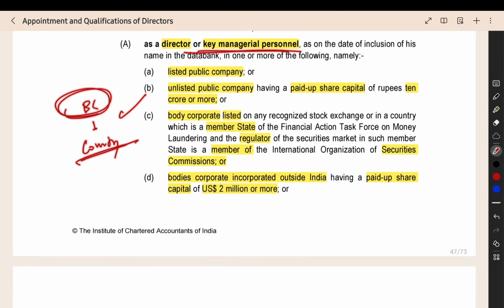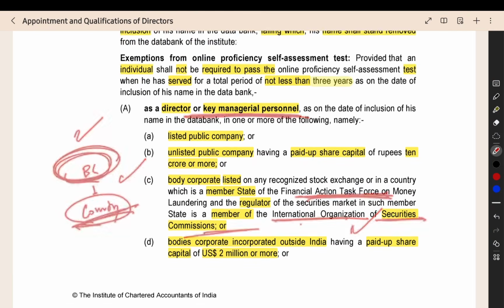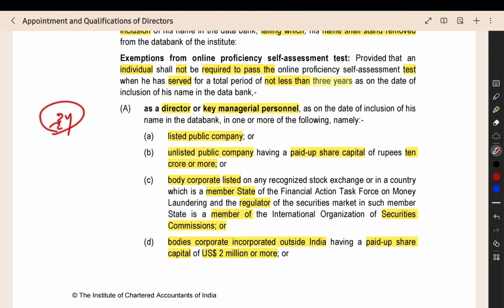This country is a member state of the Financial Action Task Force or the International Organization of Securities Commissions. That country is a member in these committees. In that country, your body corporate is there. In that body corporate, you are a director or KMP. Then you have served for minimum 3 years. In all these positions, you have served for minimum 3 years.